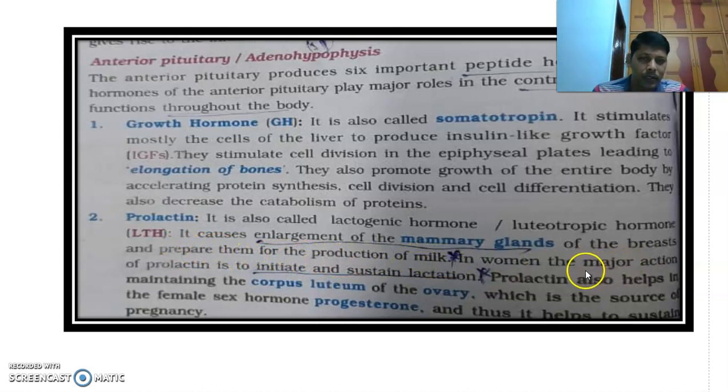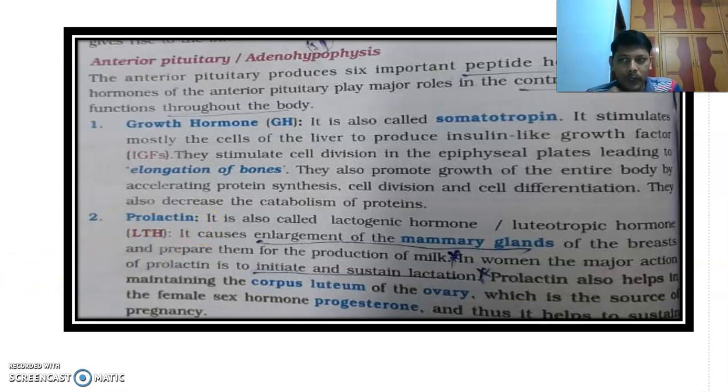In women, the major action of prolactin is to initiate and sustain lactation. Prolactin also helps in maintaining the corpus luteum of the ovary, which is the source of the female sex hormone called progesterone. Thus, it helps to sustain pregnancy. That is the function of prolactin.